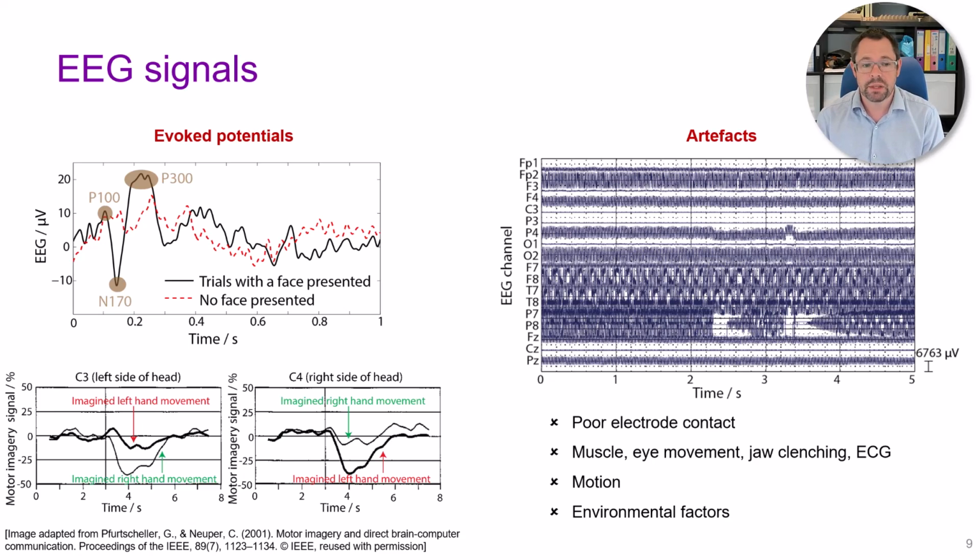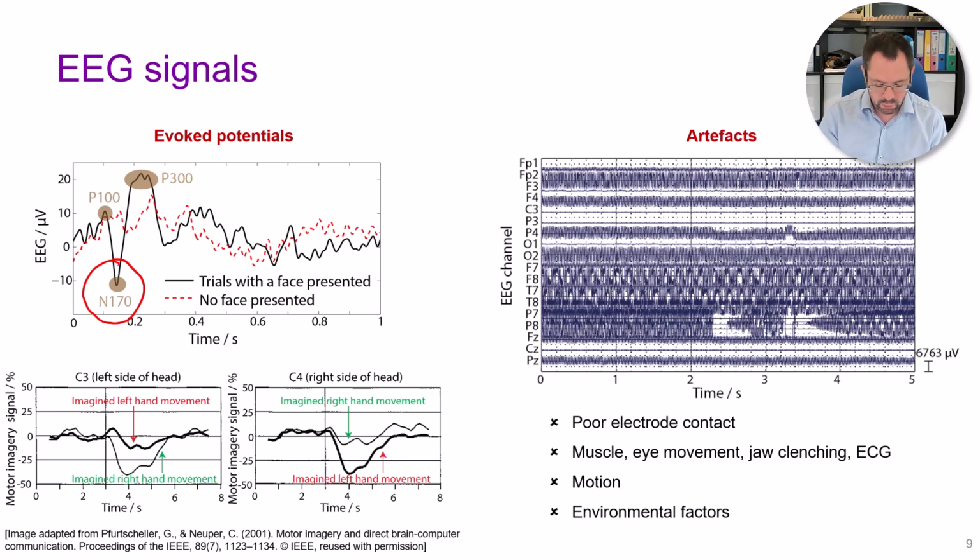But if you do that, you can start to see, for example, here we've got what's called an N170 response. N because it's going negative, 170 because it's occurring about 170 milliseconds after the stimulus was presented. And this is a characteristic feature when we present a face to somebody.